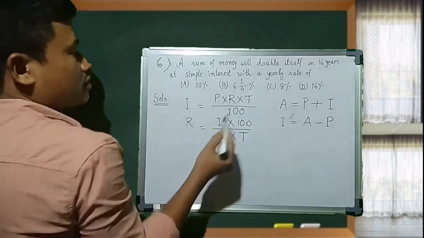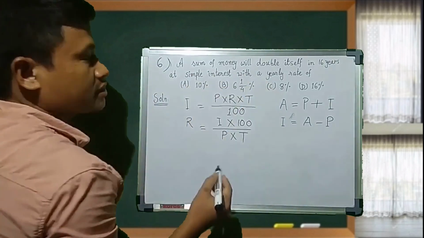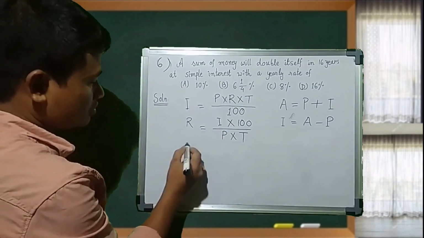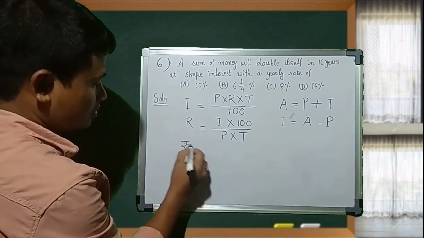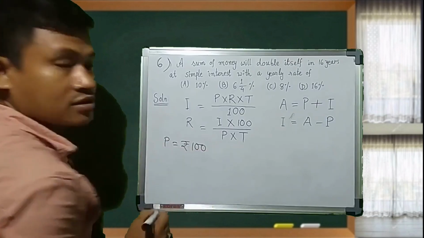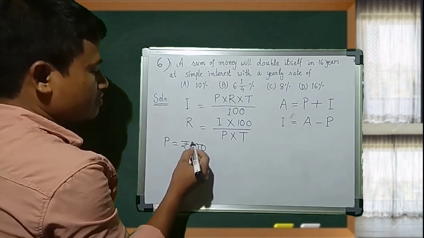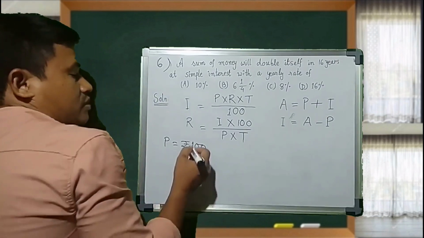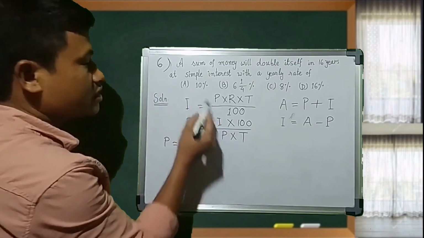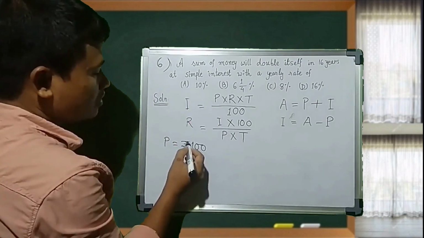You can see in this problem a sum of money, that means principal, is not given, but we can consider the principal to be 100 rupees. So why do I consider the principal to be 100 rupees? Because when there is a matter of percentage, we will consider 100 rupees.